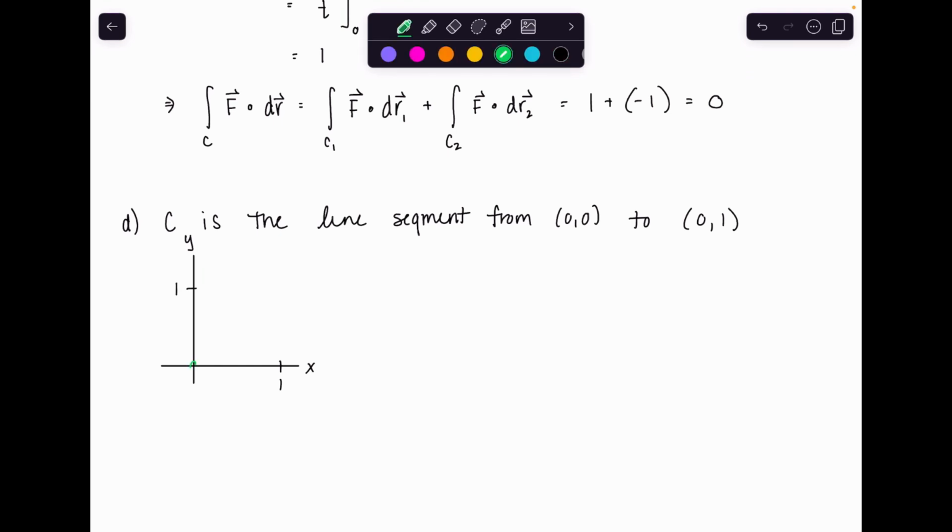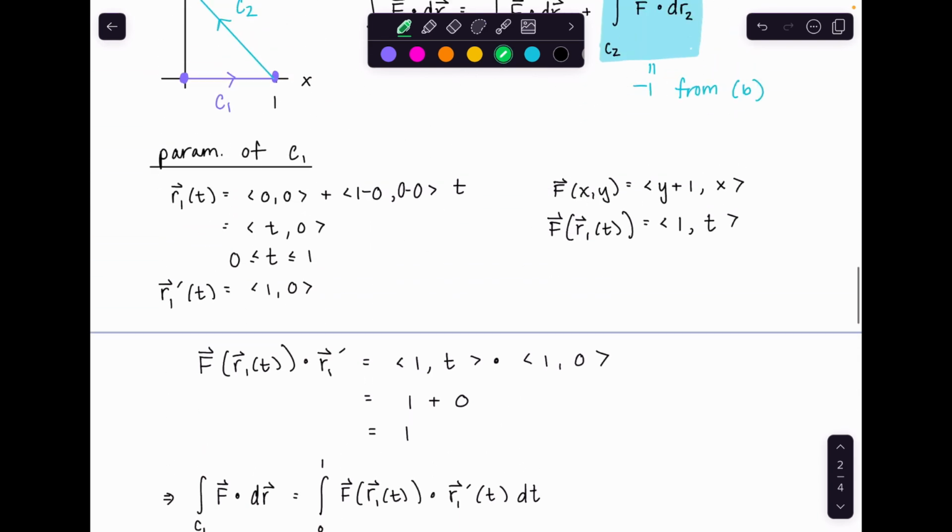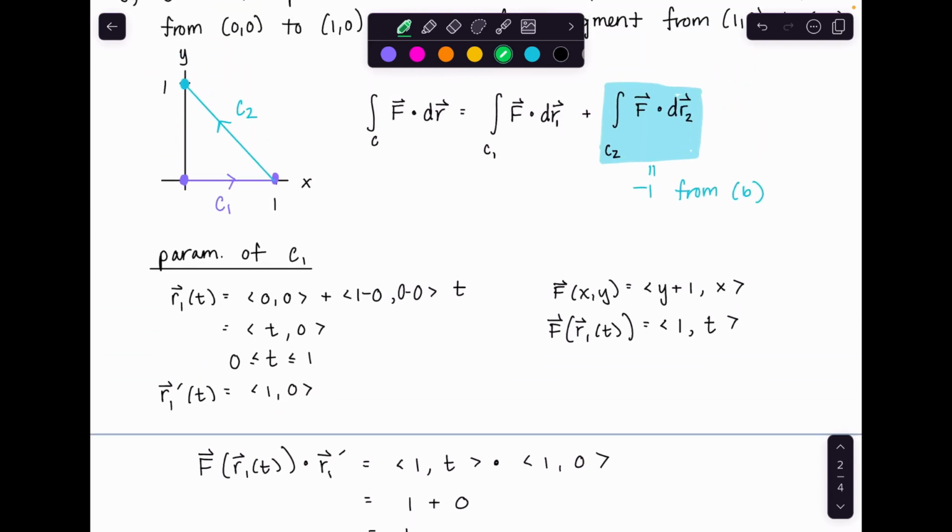So in this case, we're starting here and ending here and going in this direction. If you notice in comparison to the last one, it's less complicated, but it still has the same starting and ending point, and that's going to be important for us.